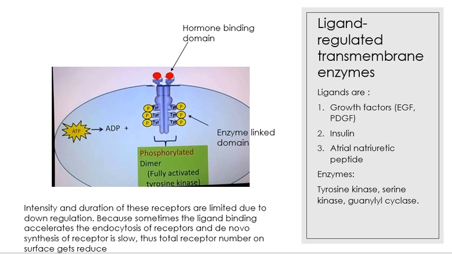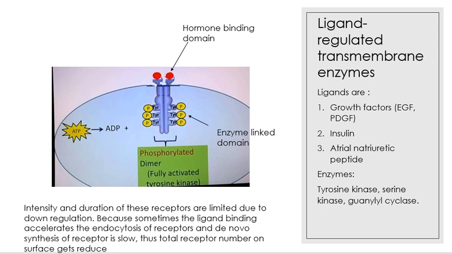The receptor activity begins as soon as the hormone binding domain binds to a ligand or hormone. This causes the receptor to undergo conformational changes, and as a result, the receptor molecules bind and form a dimer.